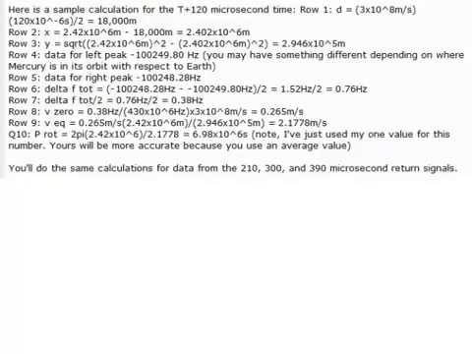If you repeat that calculation for the 210, the 300, and the 390 microsecond return signals, then you'll get a slightly different rotation period for each. So let me circle that. Oops, I didn't do it. I'm just undoing that. Let me do this differently.